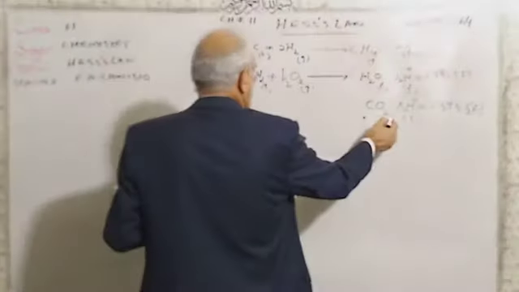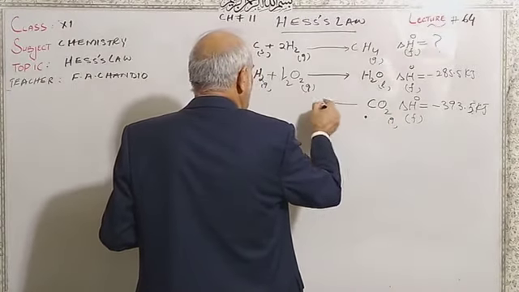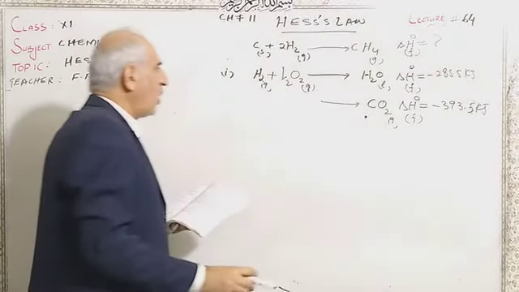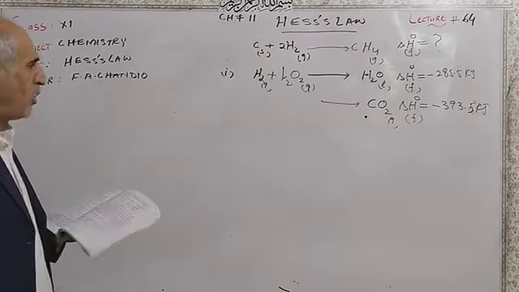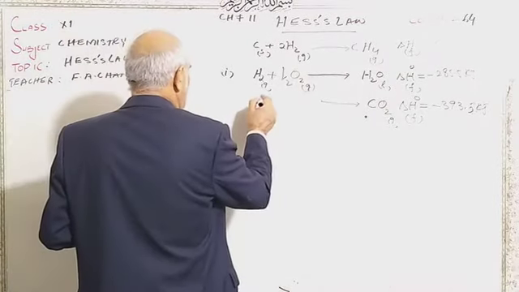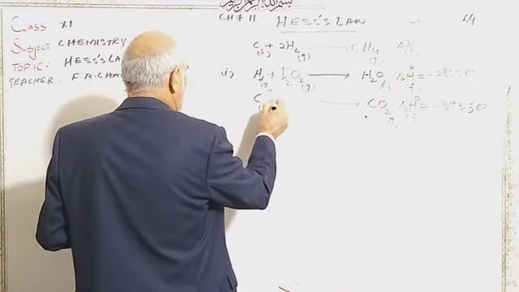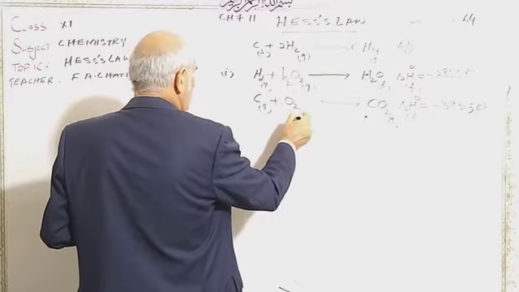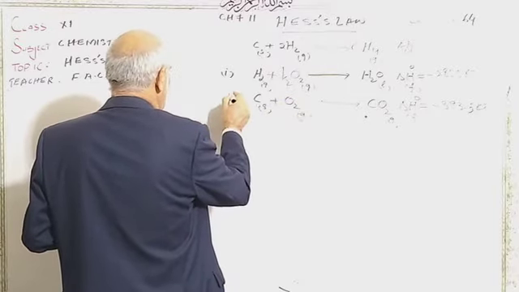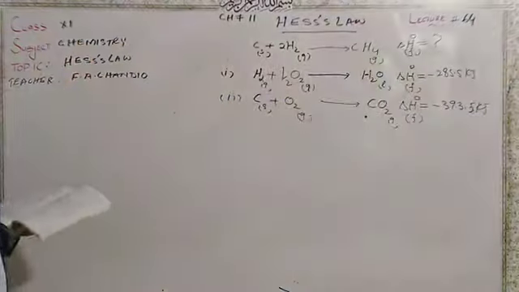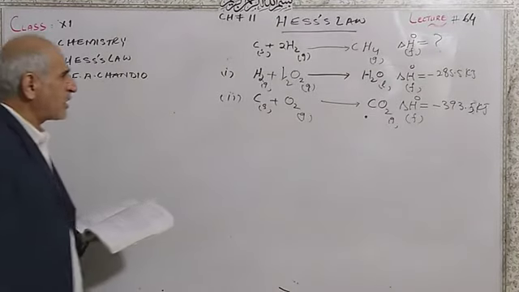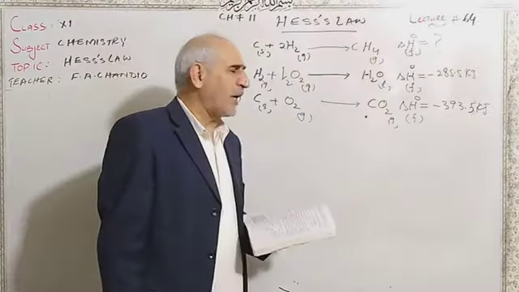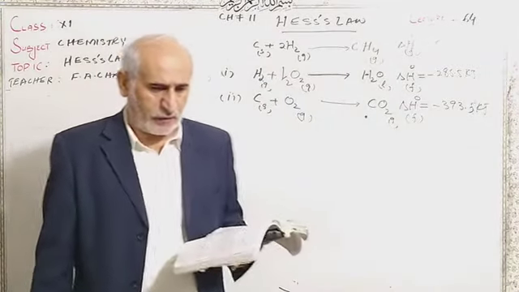Or we can say this is the combustion of carbon, or the formation of 1 mole of carbon dioxide gas from 1 mole of carbon solid and 1 mole of oxygen gas. This is equation number 2. These values will be provided for you with a description, and you have to write the equations yourself.